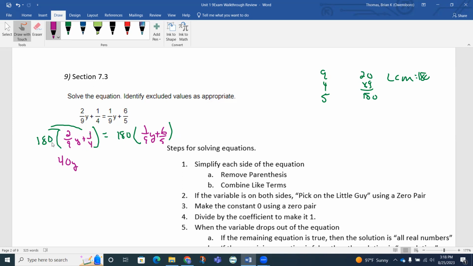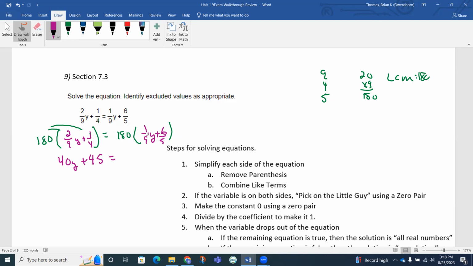The 4 cancels out, leaving the 9 and 5, which is 45. 45 times 1 is 45. Since the 4 canceled out, that left me 9 times 5, since we used all these to make the 180. You can also use your calculator for that.